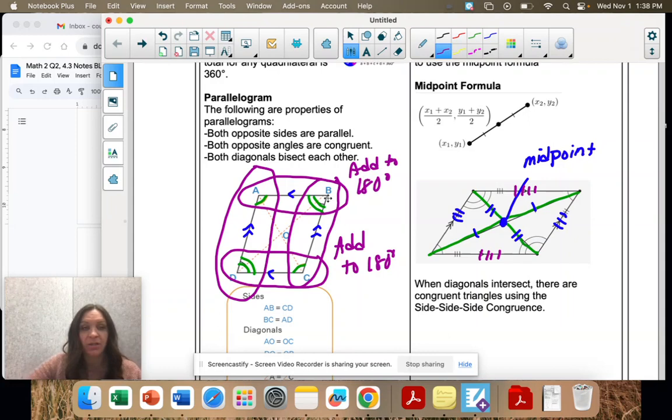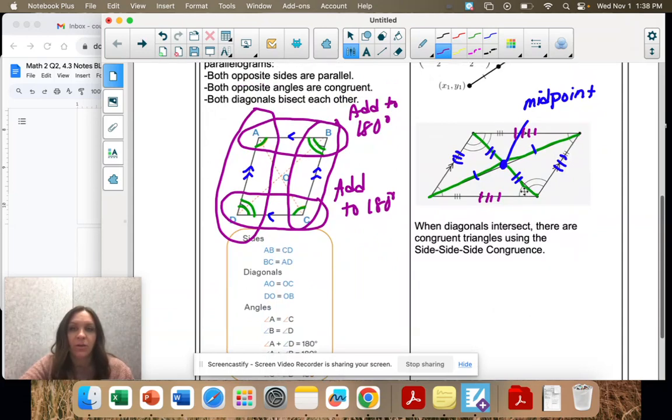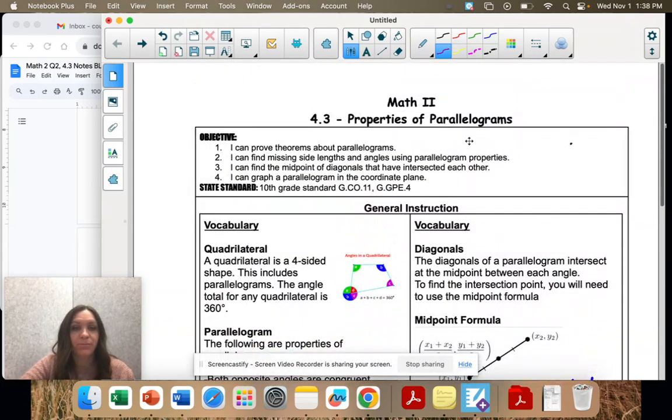So we have two pair of congruent triangles inside a parallelogram. Once those diagonals are bisected, it means the angles are not bisected, just the diagonals. See, the angles are not cut in half at all. We're going to get different measurements for that. And those are parallelograms.